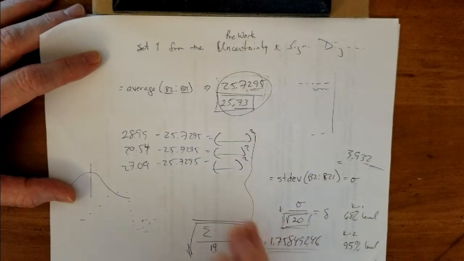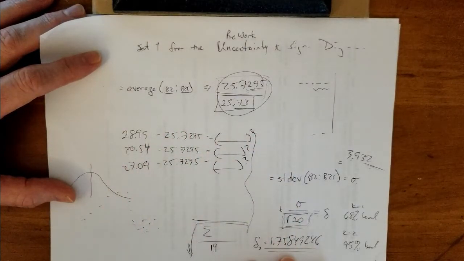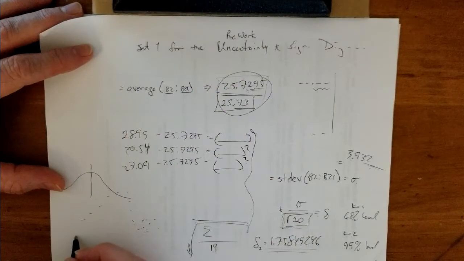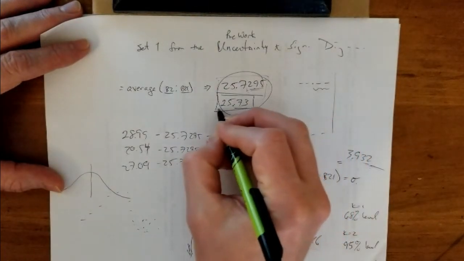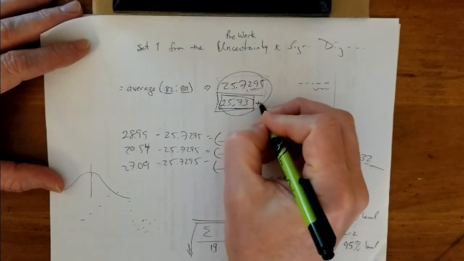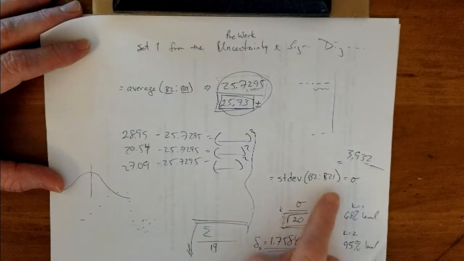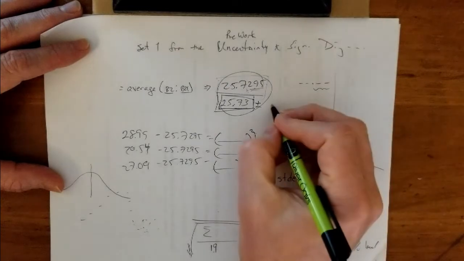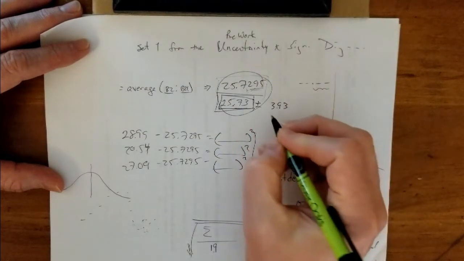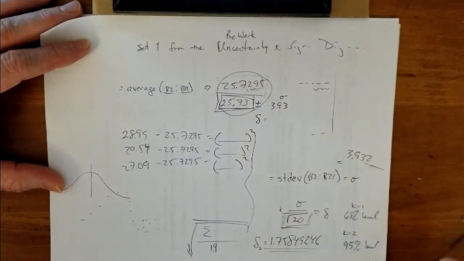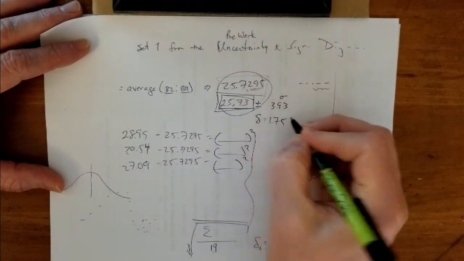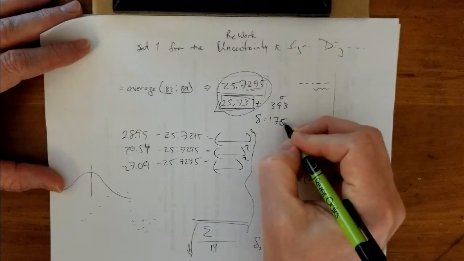But when dealing with something like this, I have an average of what I would finally record as 25.73 plus or minus a standard deviation of 3.93, with an uncertainty, so this is the standard deviation, and the uncertainty being 1.76.